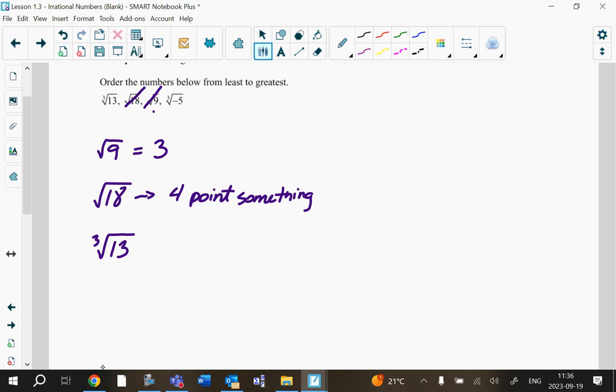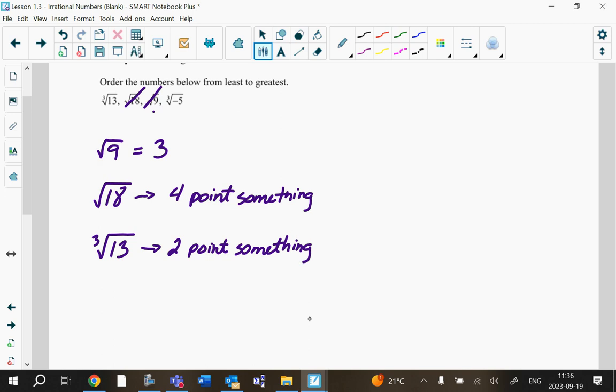The cube root of 8 is 2. The cube root of 27 is 3. So doesn't this answer have to be between 2 and 3? So it's 2 point something. All right.